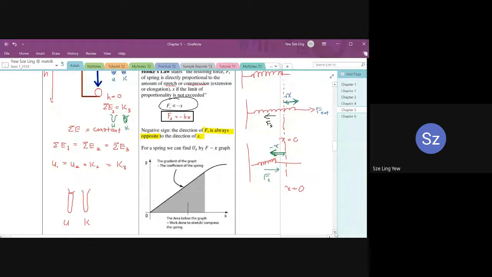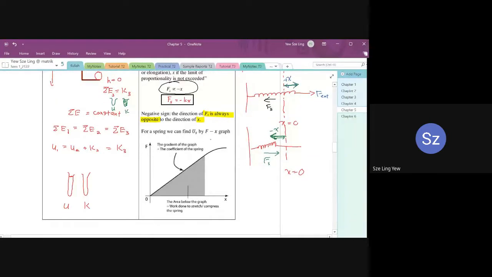So let's see next. For the spring constant, we can find it from the F-x graph. Now you have one more graph, which is the F against x graph, force against displacement.